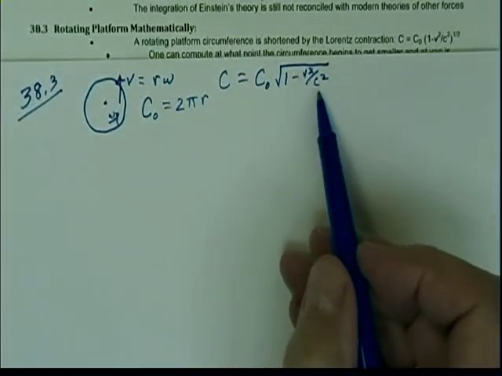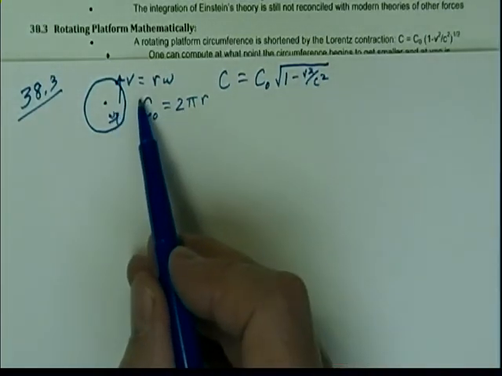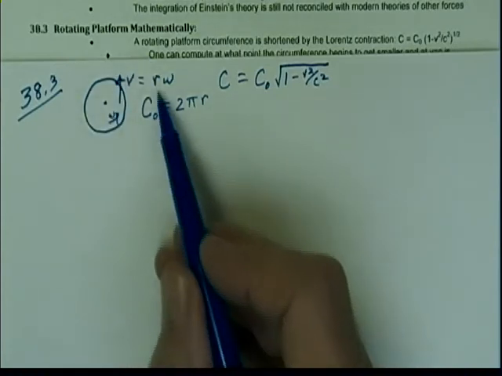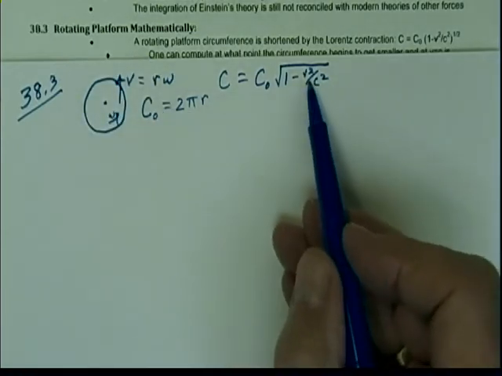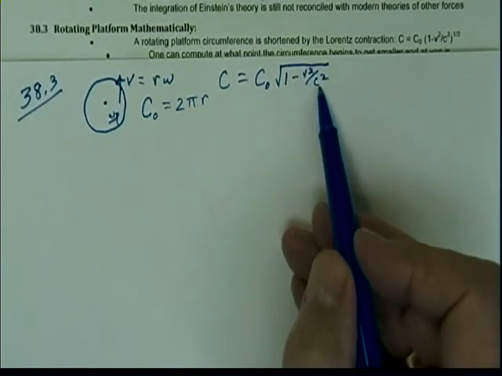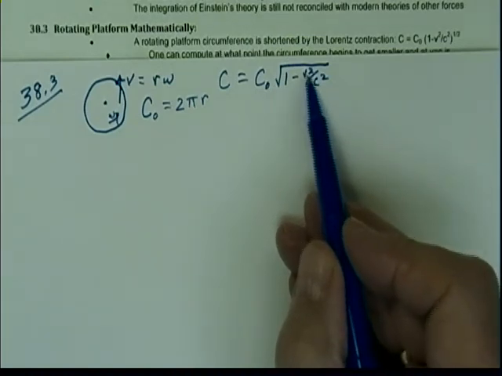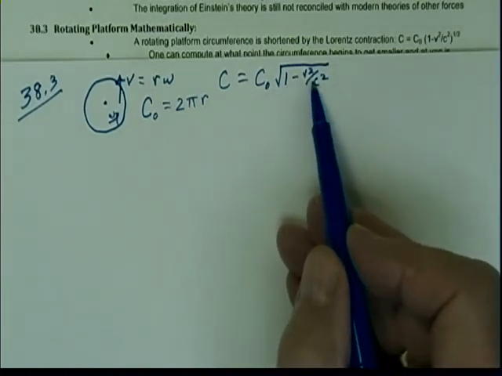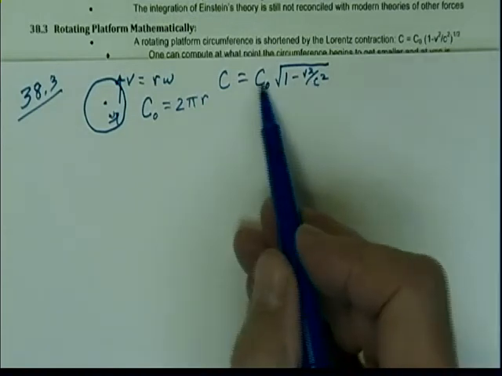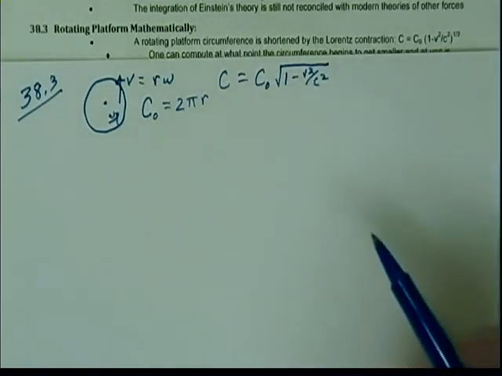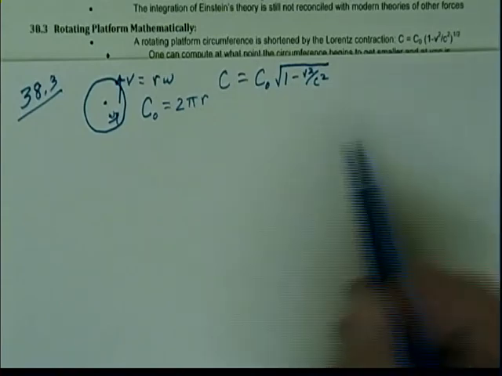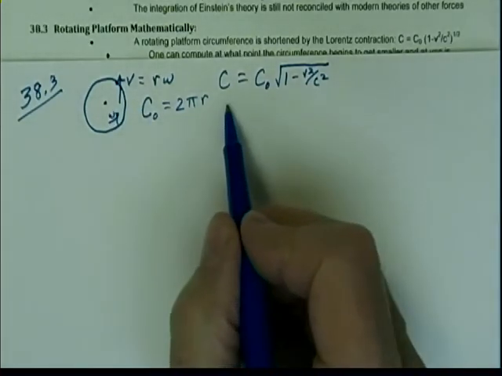As v becomes very large, you'd think there's a huge distance around the circumference, but at some point the velocity gets close to the speed of light. We get 1 minus 1 is 0, and so the circumference becomes 0 or near 0 if we get far enough out.